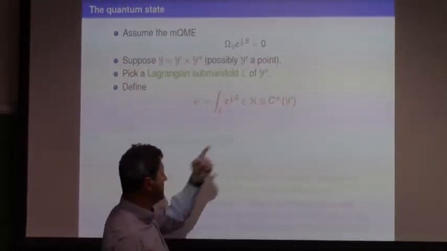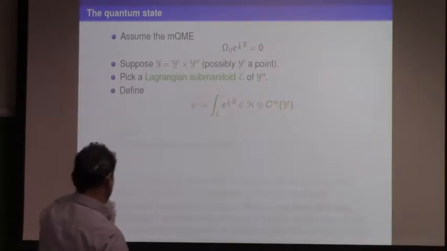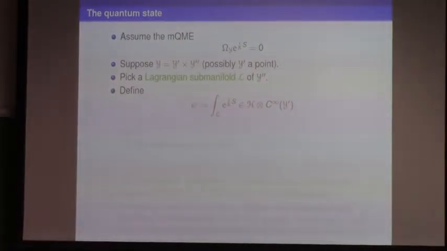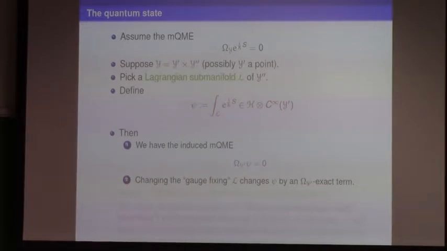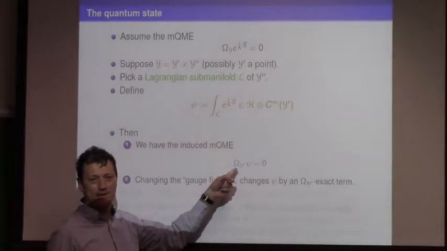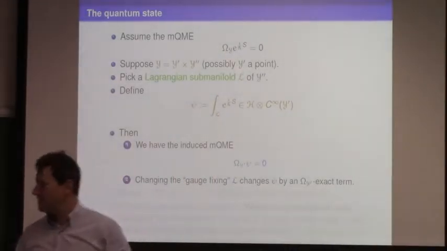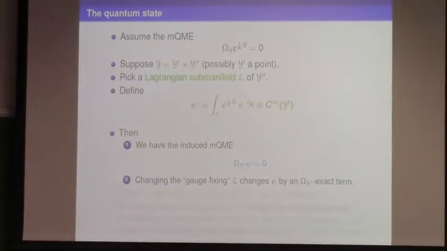The result will be a function on b cross y prime. And essentially using what we proved yesterday, taking care of omega, it turns out that the result is closed with respect to the new omega operator, which is the same omega plus delta on the y prime fiber.